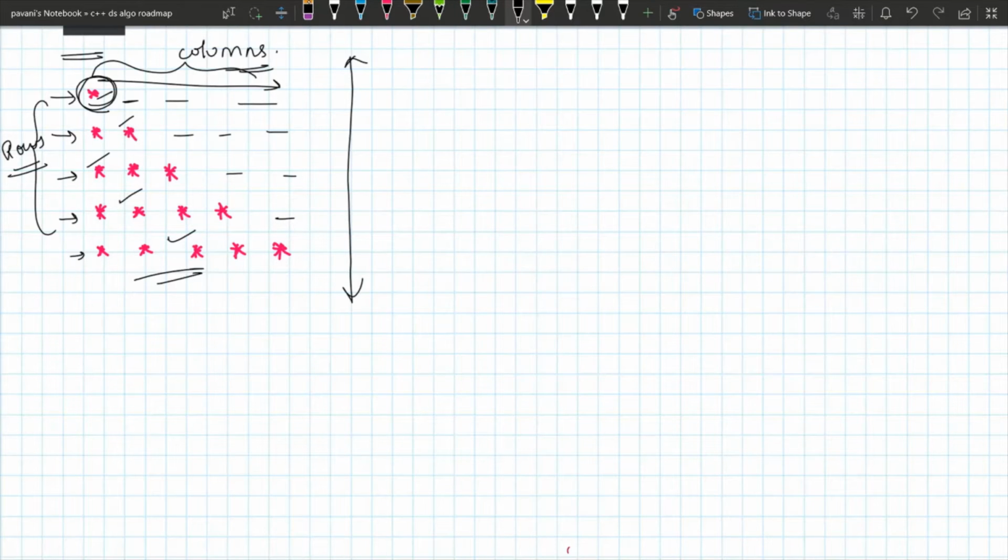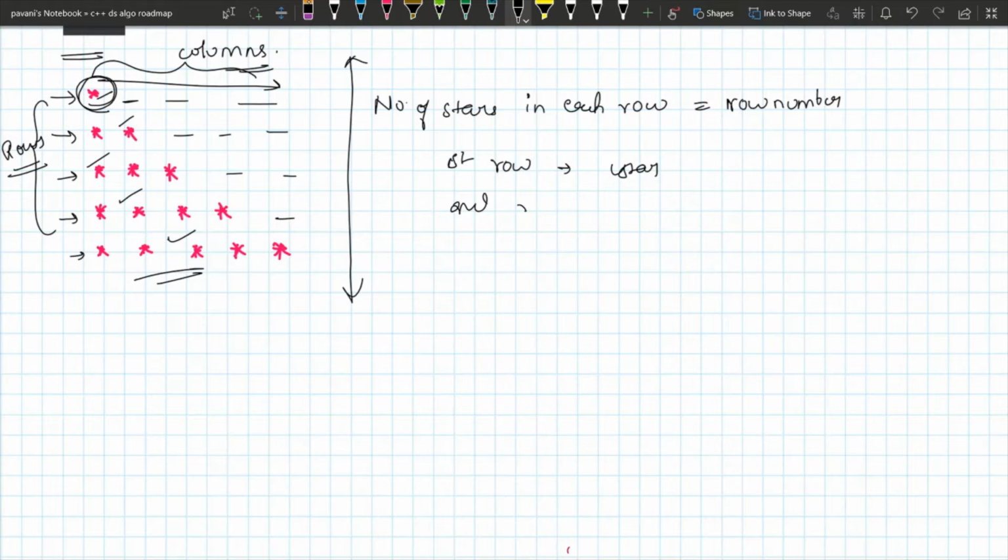See, you have to see that the number of stars in each row is equal to the row number. In the first row there is one star, in the second row there are two stars, in the third row there are three stars, and in the fourth row there are four stars.